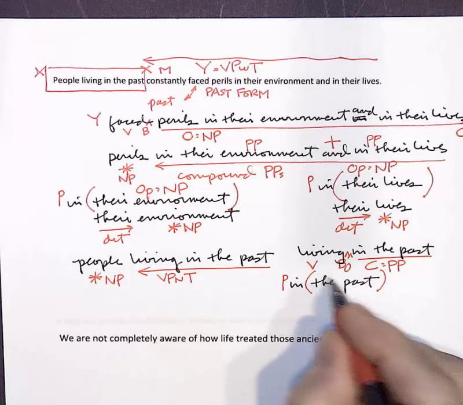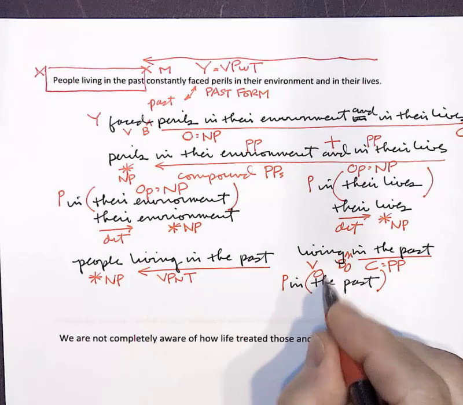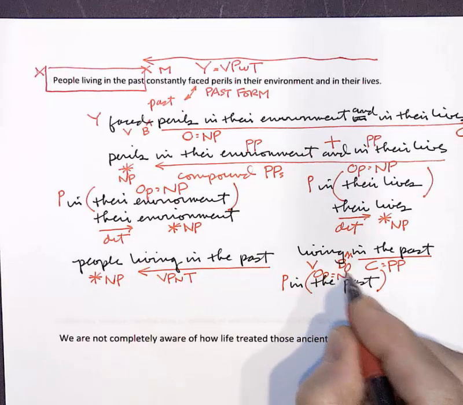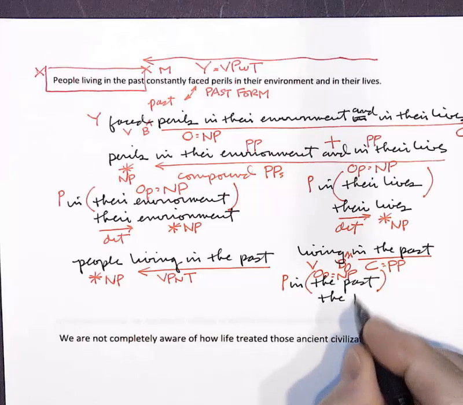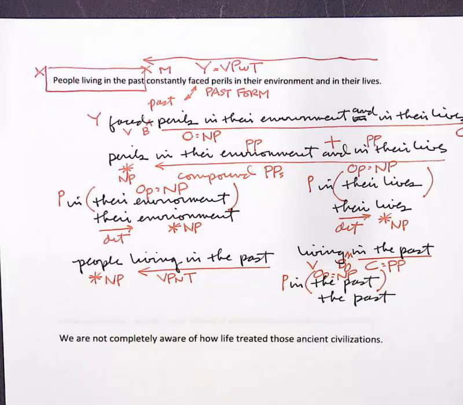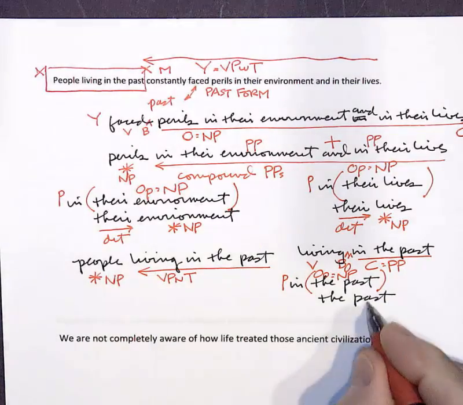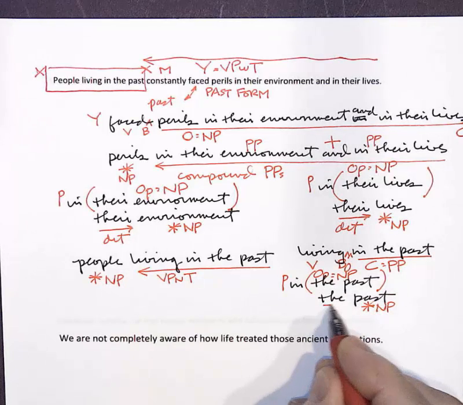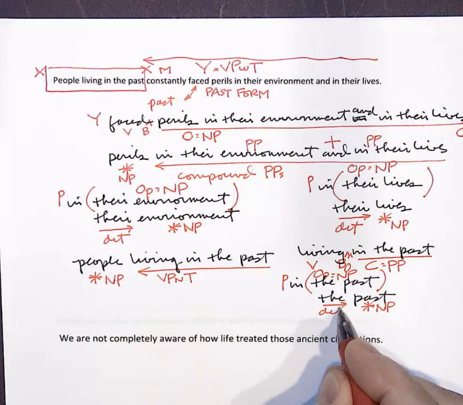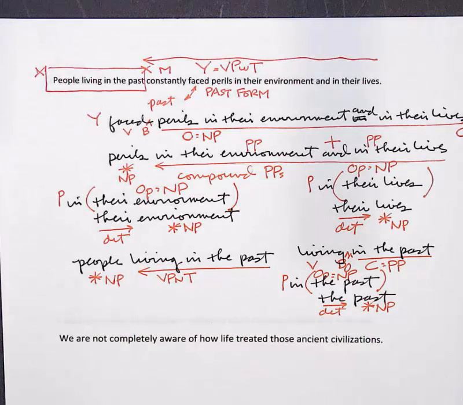The object of the preposition is the past. That's a noun phrase. And last step, we write the noun phrase, show the head, label it, and label all the modifiers and name them. Done.